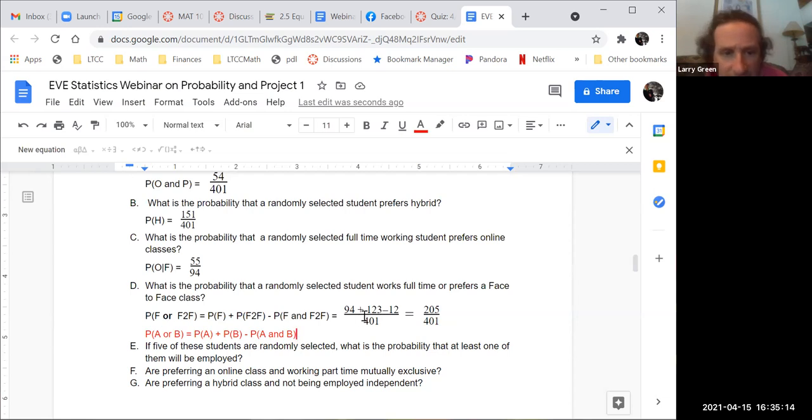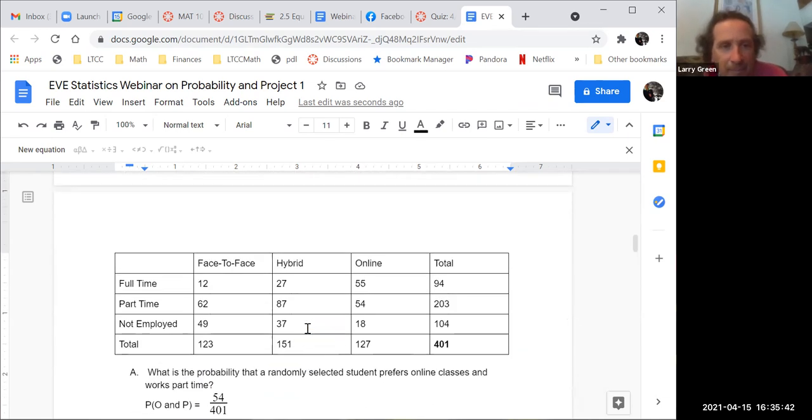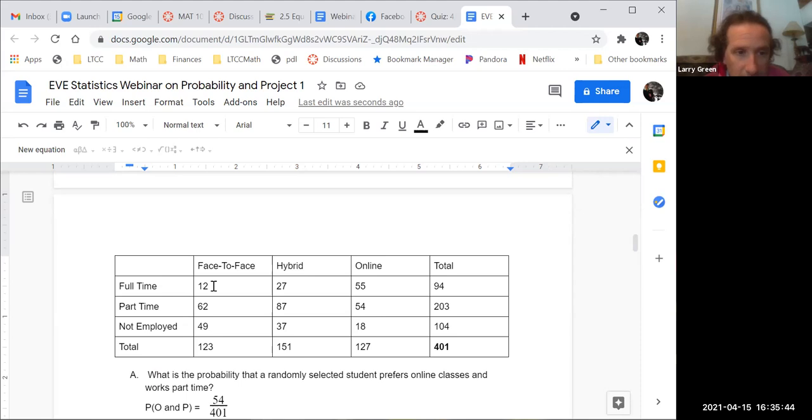Why is it negative 12? So right here, it's a minus. It's minus probability of face-to-face and full-time, or full-time and face-to-face. That's from the formula that I gave you right here. You basically are subtracting the double counts. So that comes from the formula. And if we look at face-to-face and full-time, this number 12 means that they're both full-time and face-to-face.